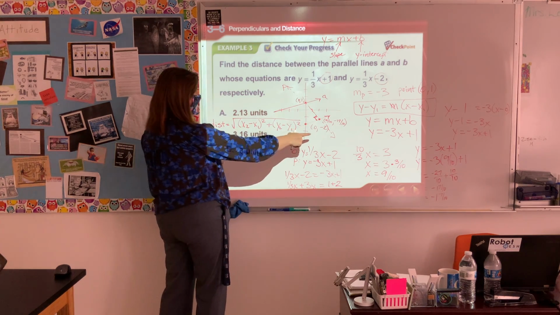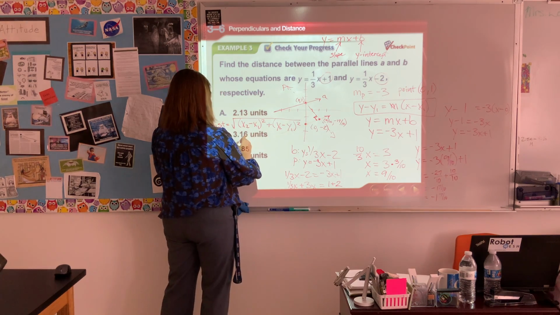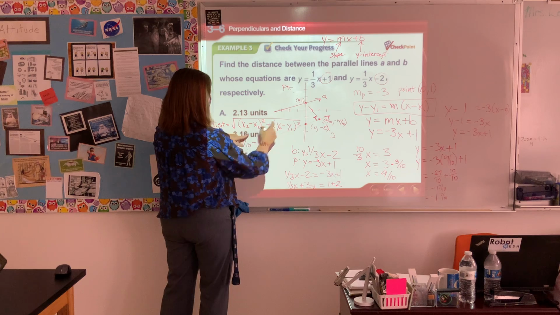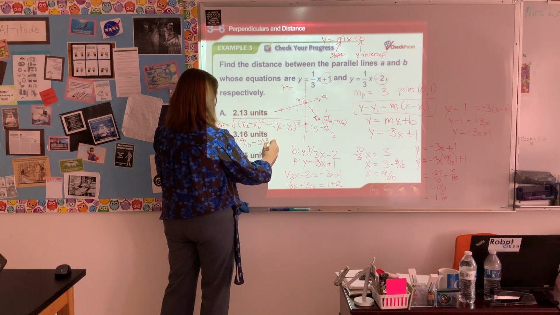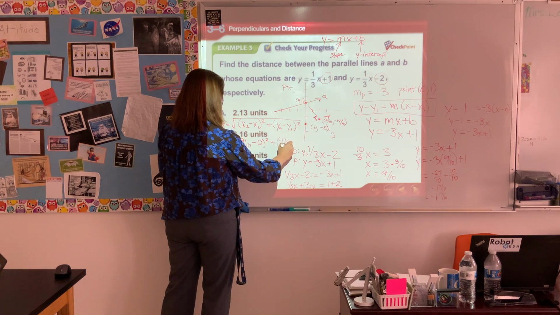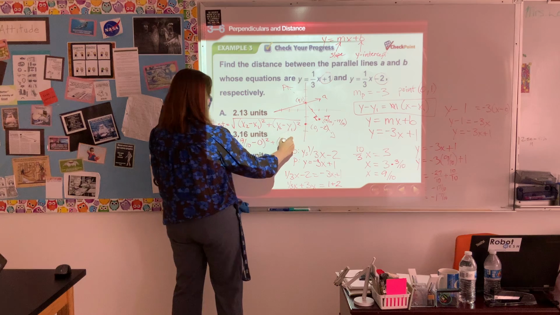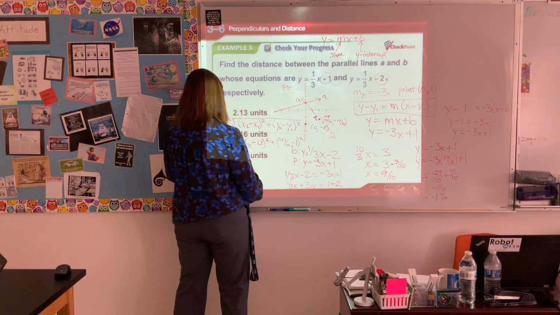So you put in the numbers. X subtract x, 9/10 subtract 0, squared, plus y's, negative 17 subtract 1, squared, take the square root.